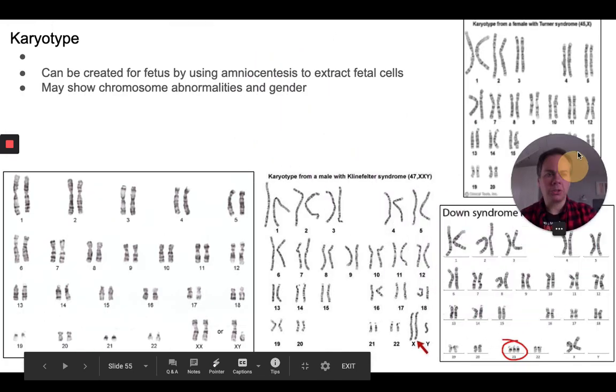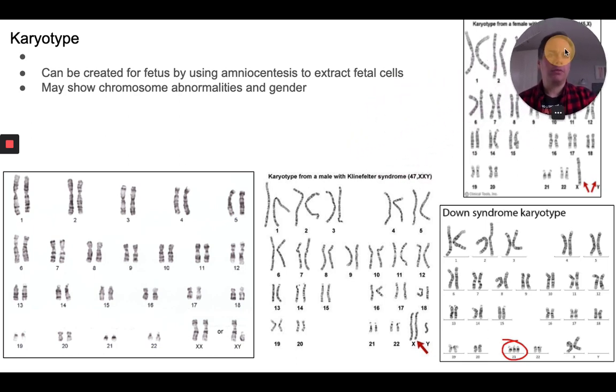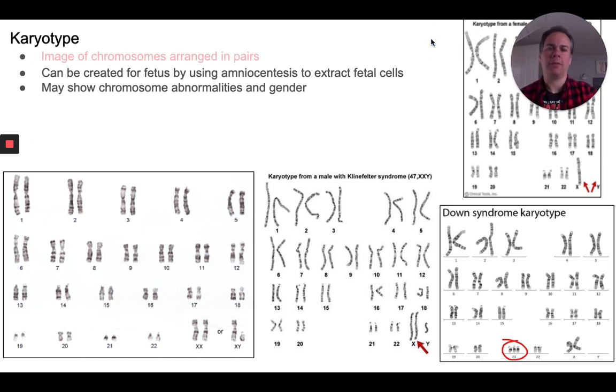And so those pictures are called karyotypes. They were traditionally made by doing an amniocentesis or extracting some cells from the amniotic fluid of a pregnant woman, and you could take those cells and then take a picture of the chromosomes and then arrange them by size, and by looking at those chromosomes you could tell if it's male or female.